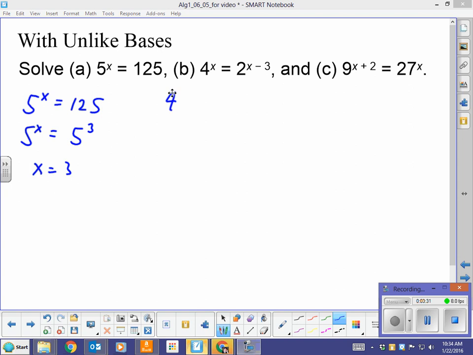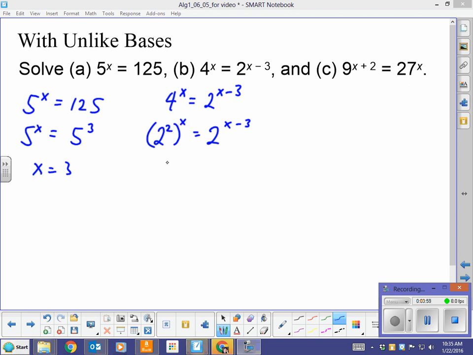Second example, 4 to the power of x equals 2 to the power of x minus 3. Okay, so I'm going to restate 4 here as 2 squared to the power of x equaling 2 to the power of x minus 3. And then how do I take one power and raise it to another power?